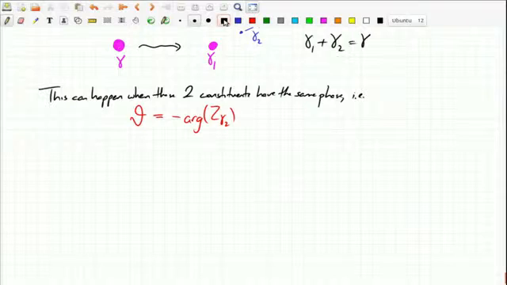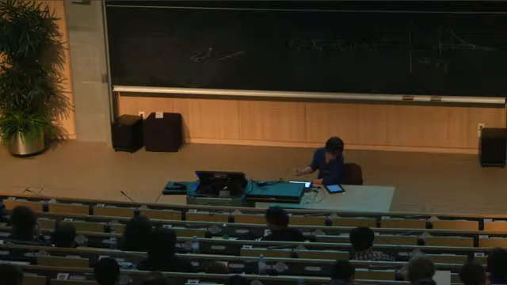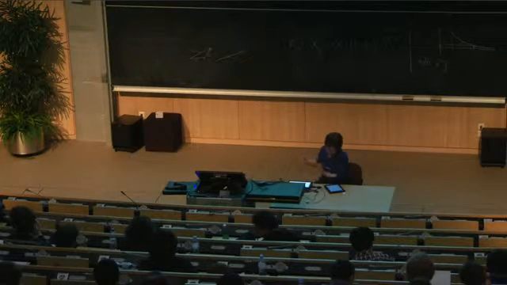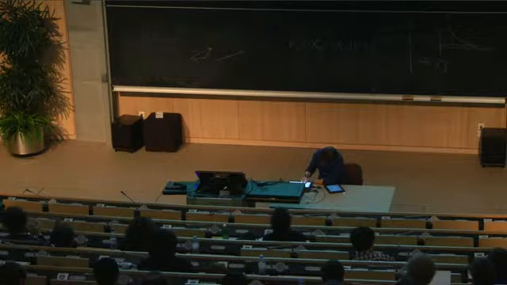So we've got an index that counts the framed BPS states. We can calculate how it jumps. The reason we can calculate how it jumps is that there's a nice sort of classical or semi-classical picture of what the states look like.